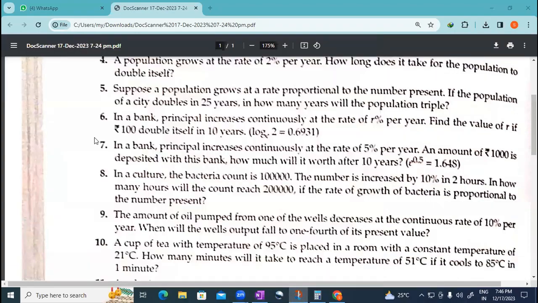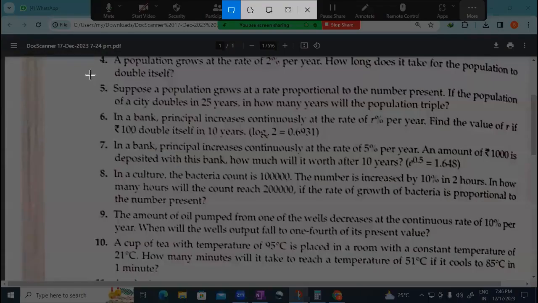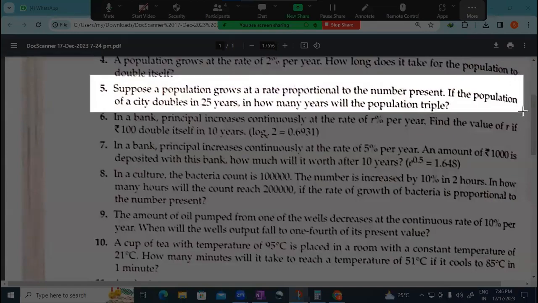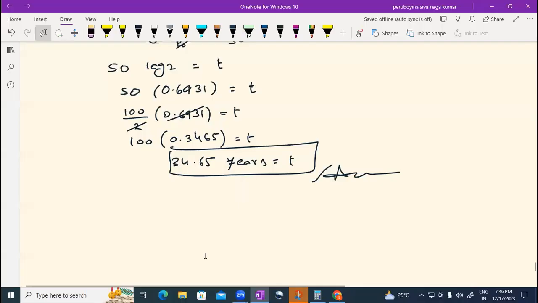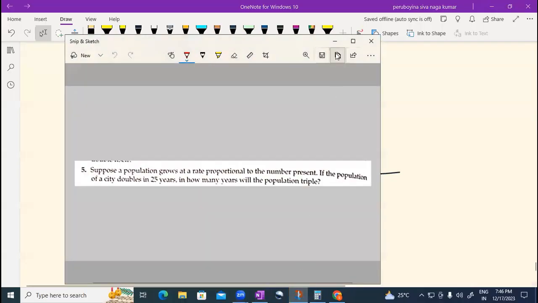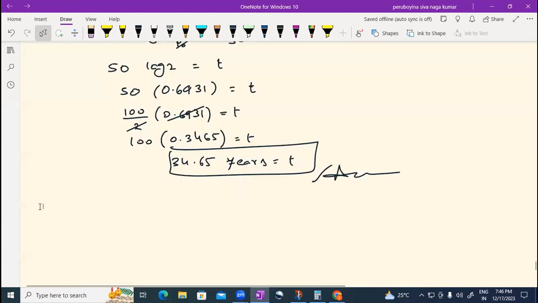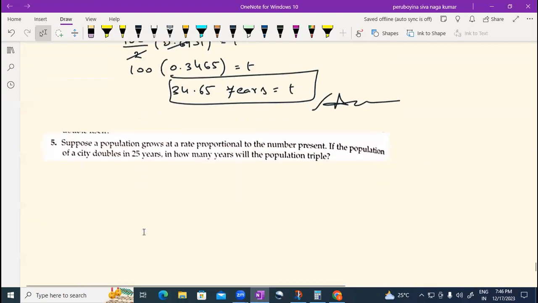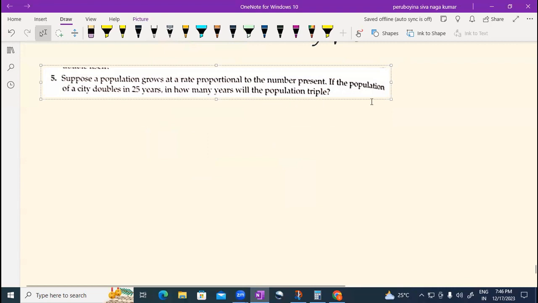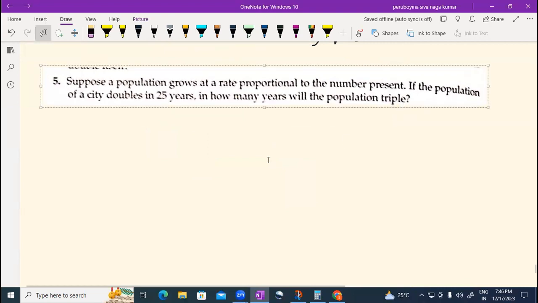Next, copy the fifth question. The fifth question says the same model. Suppose population grows at a rate proportional to the number present.